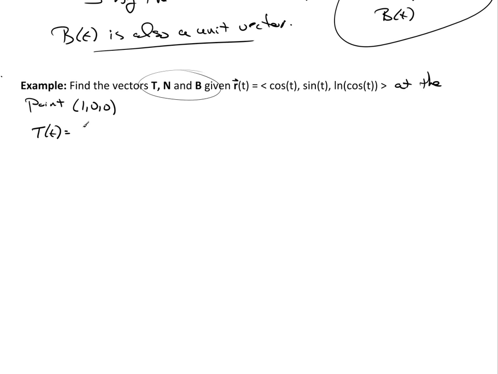T is defined as r prime of t over the magnitude of r prime of t, the unit tangent vector.